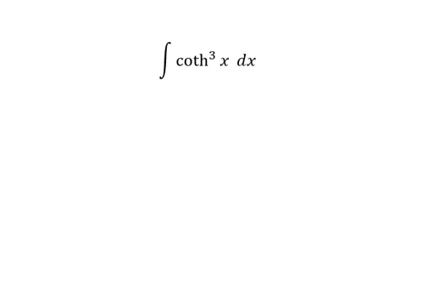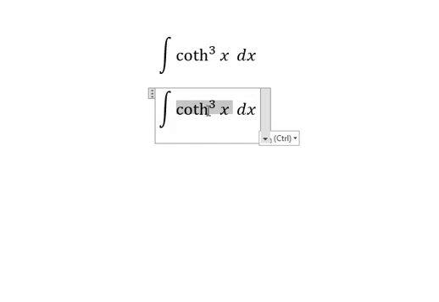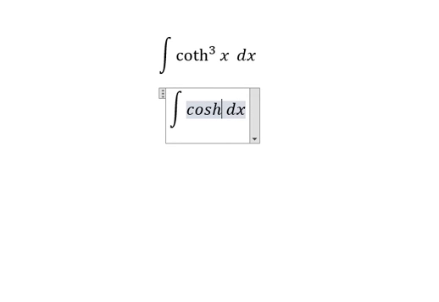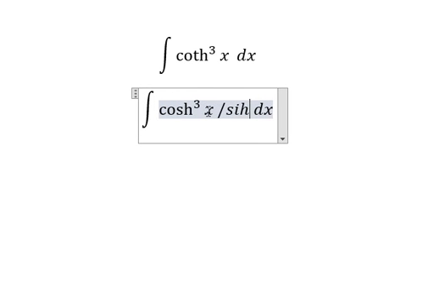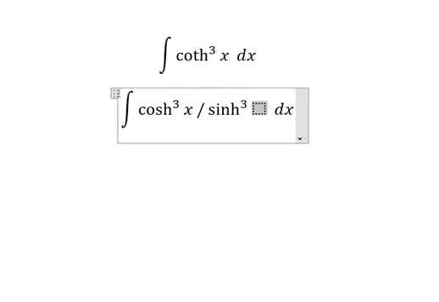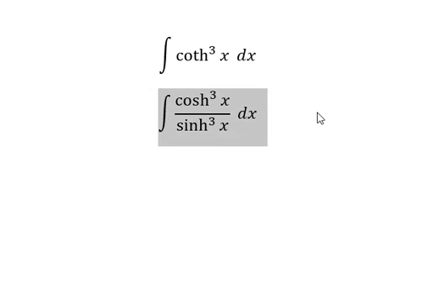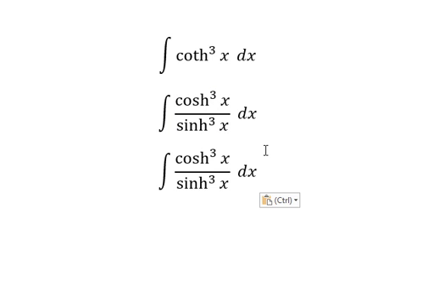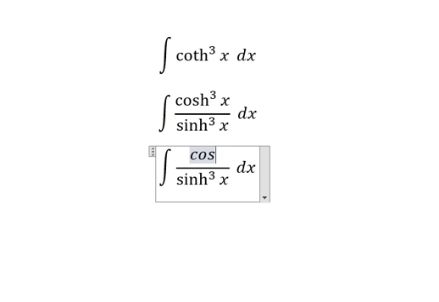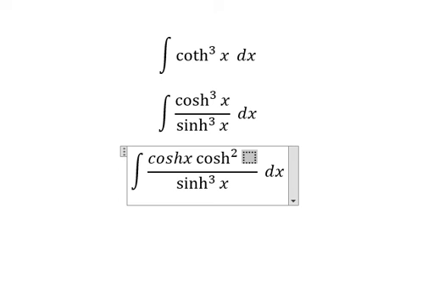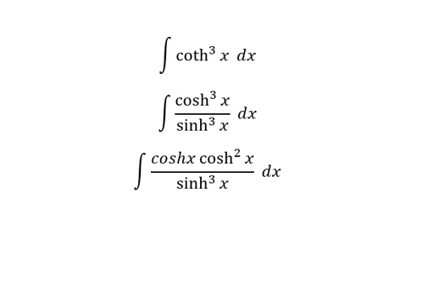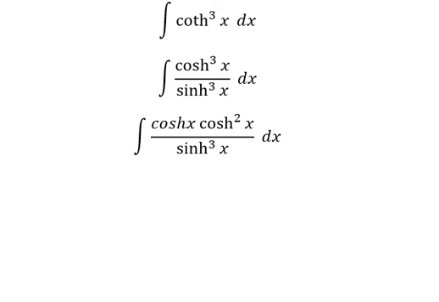Now let's go to the next one. This one is cos s to the power of 3 over sin s to the power of 3. So this one we can put cos s and cos squared s. Now we have the formula in here.